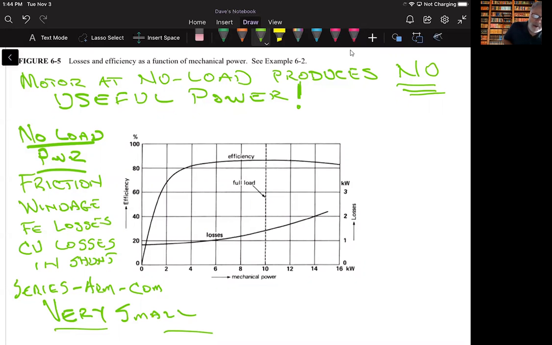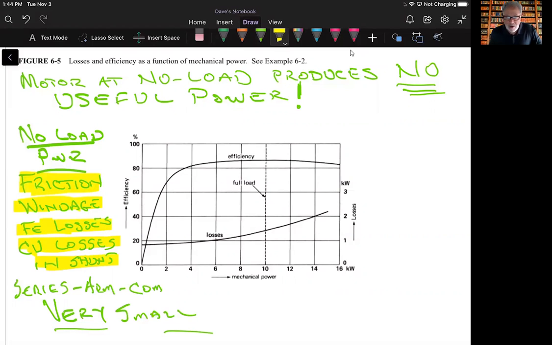This no load power has to overcome the losses associated with the machine. This includes the friction, the windage, the iron losses, and at no load, the copper losses in the shunt field. So we're talking about these areas. This is what an unloaded motor must overcome just to be able to turn, so it must draw that power from the line to do that.